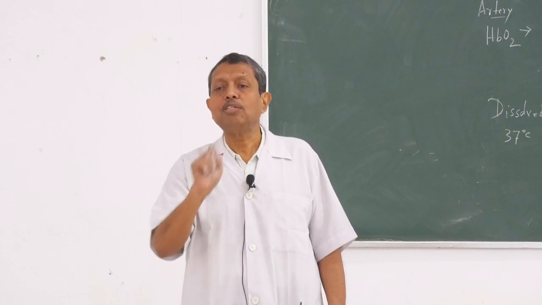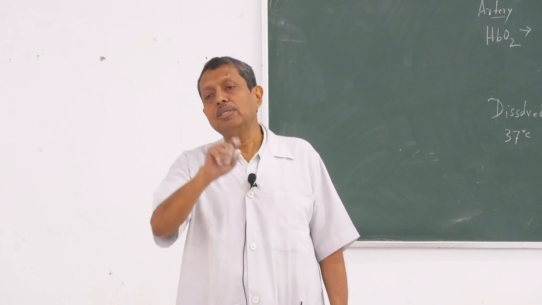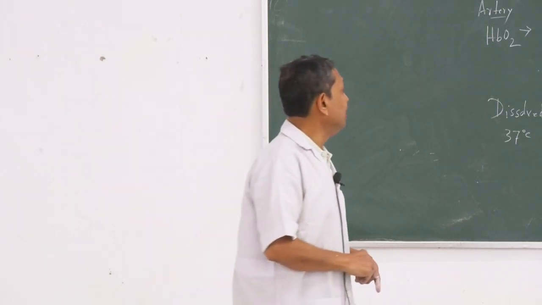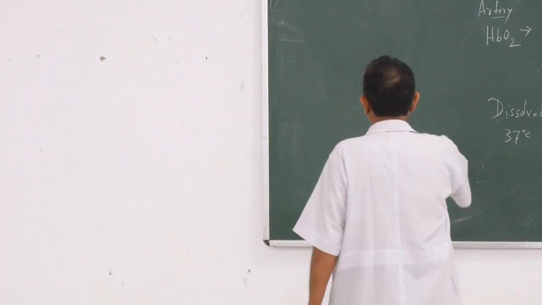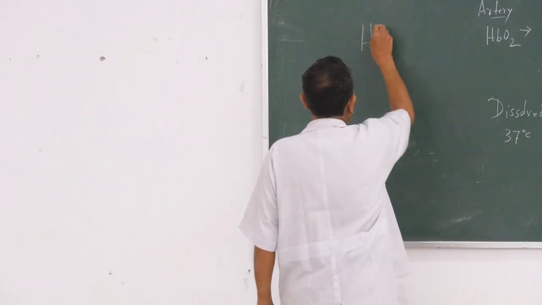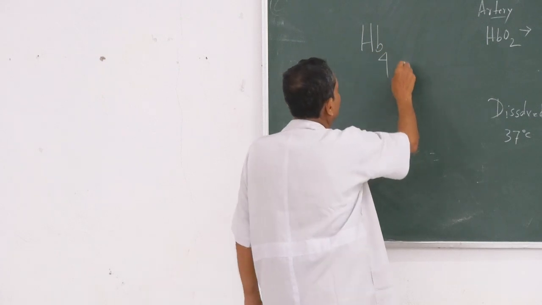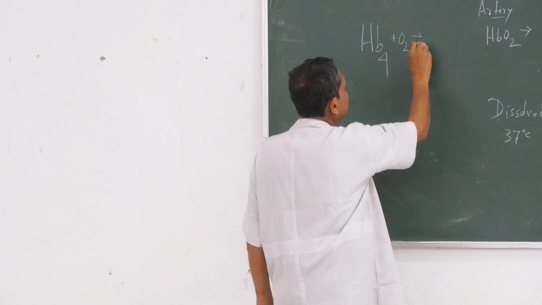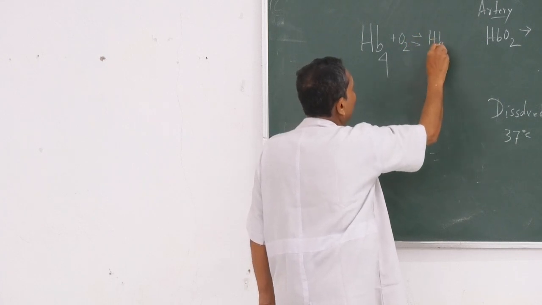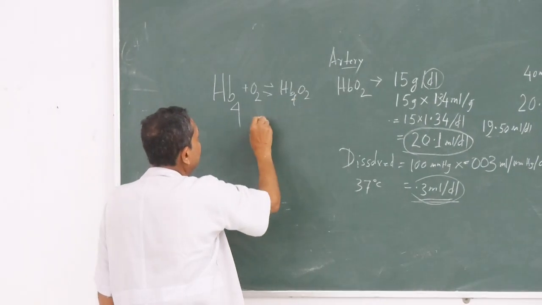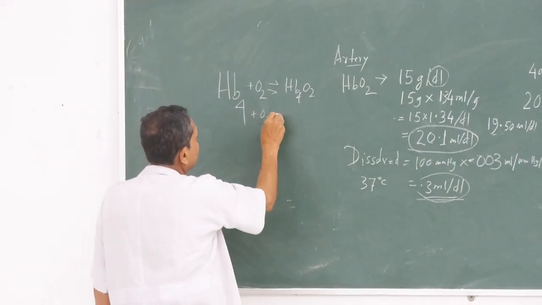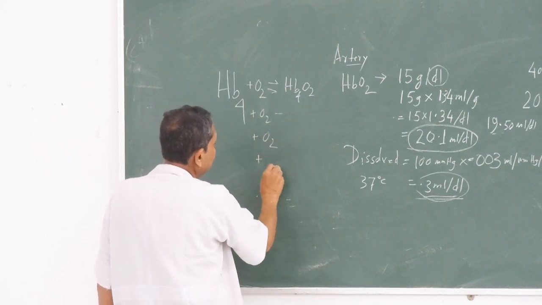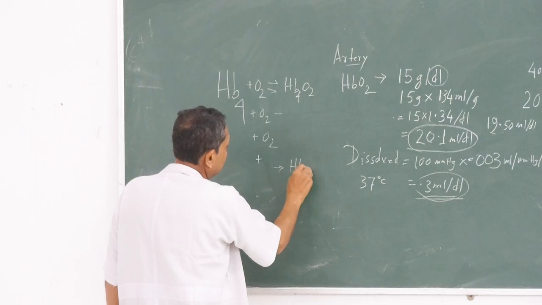And this iron can bind loosely, covalently, with one oxygen atom. You can take this formula as Hb4, which unites with oxygen rapidly and reversibly to form Hb4O2, and in this way oxygen can combine, and ultimately you get Hb4O8.